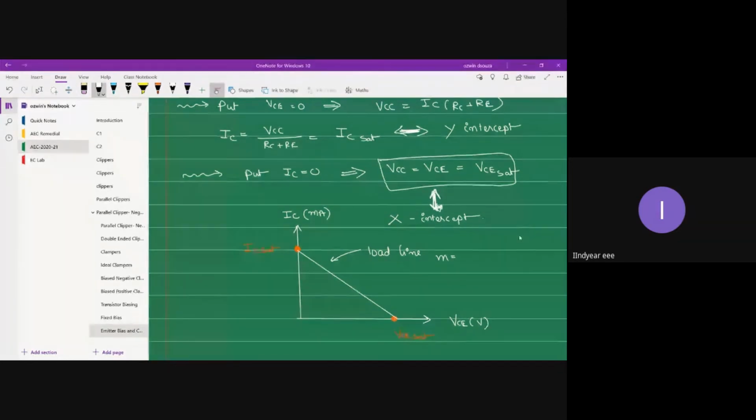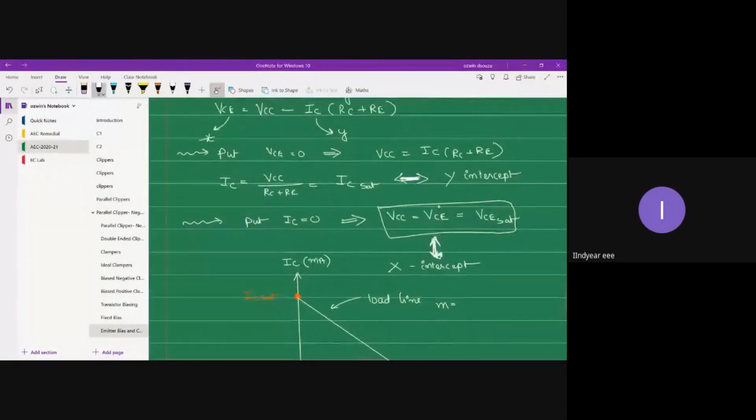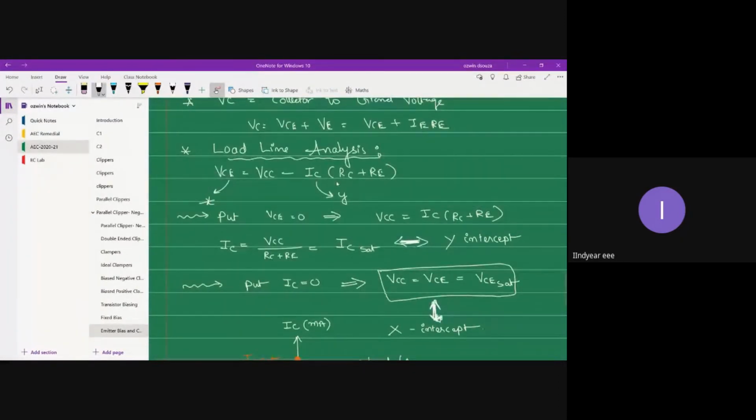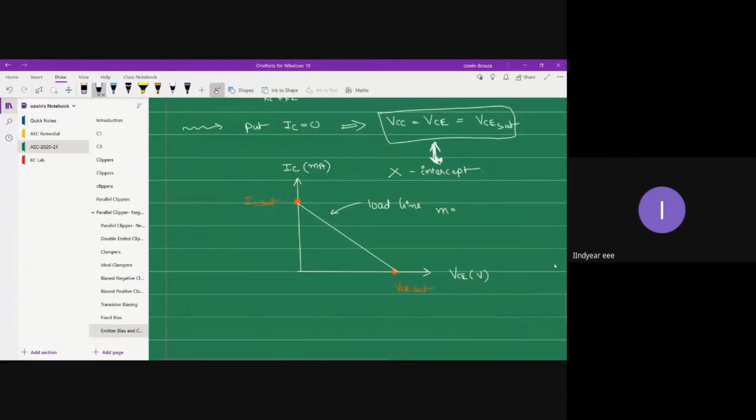If you look at the output equation, you get the output resistance as RC plus RE. Then your slope is minus 1 by RC plus RE.